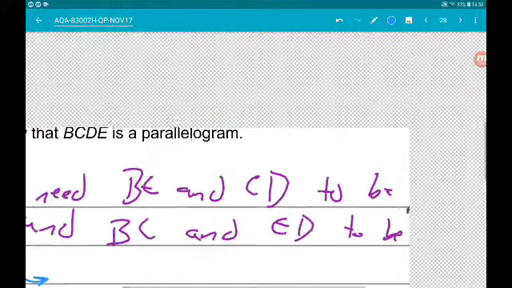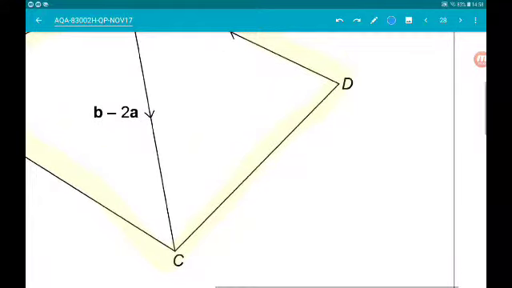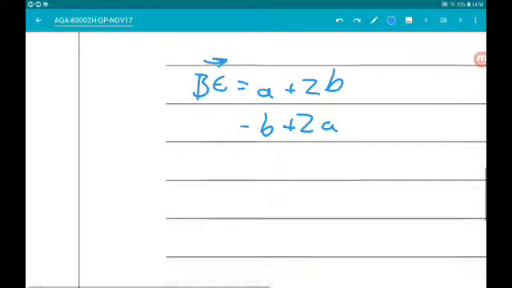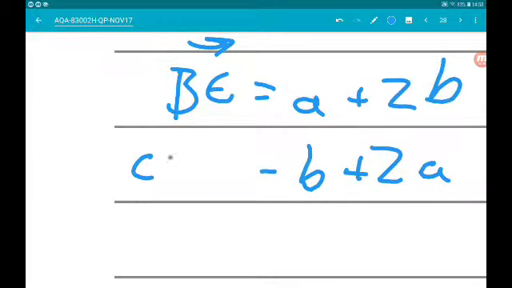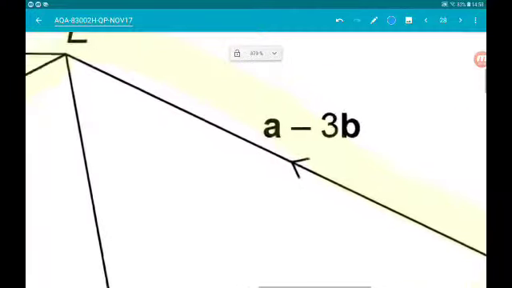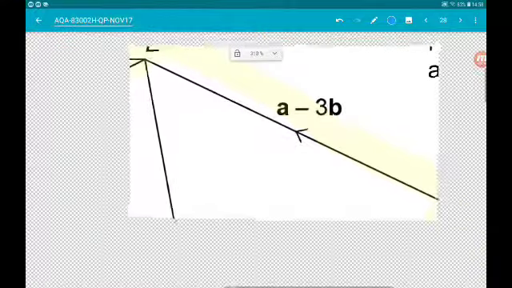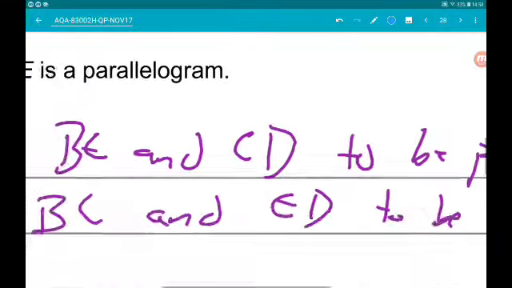And this is for C to D. Okay, and then when we're at E, we're going to go backwards along A minus 3B. So that's going to be minus A add 3B.